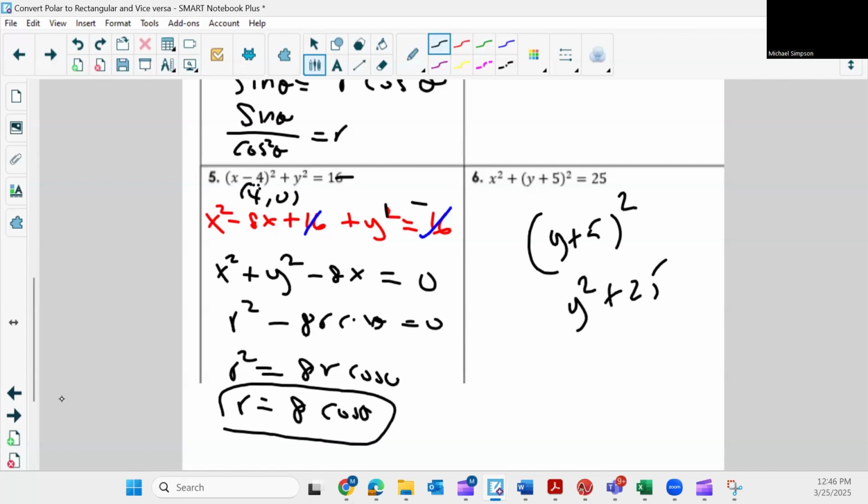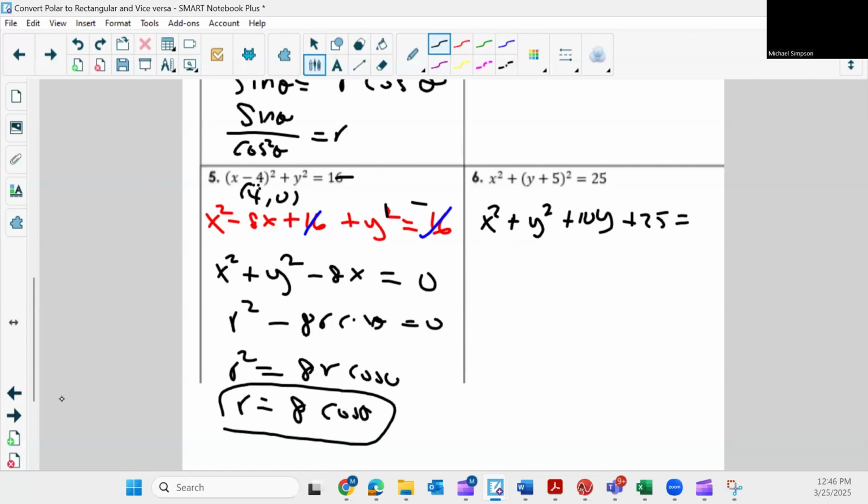Okay. Tell me what you have so far. x squared plus y squared plus 10y plus what? 25 is equal to, okay?